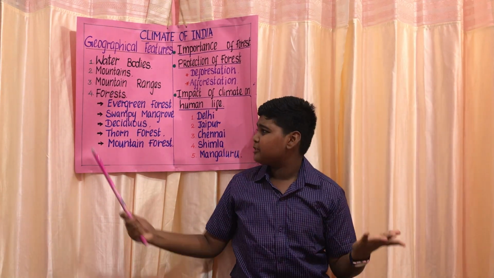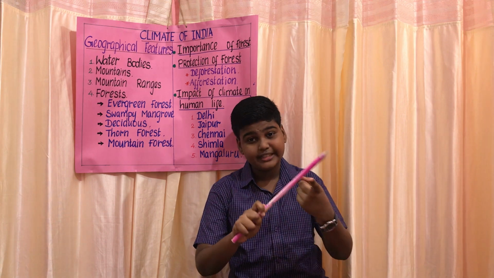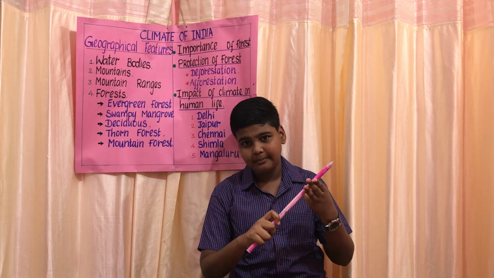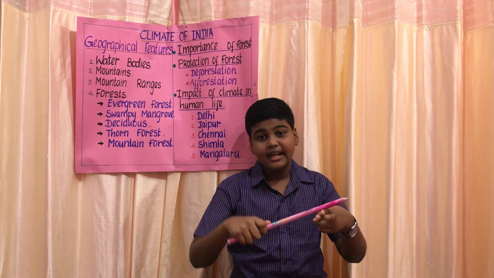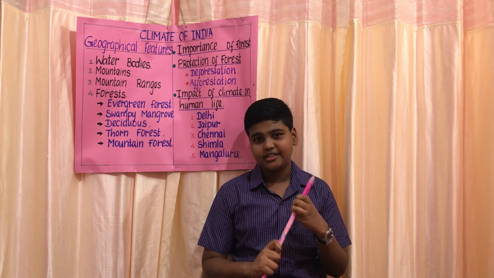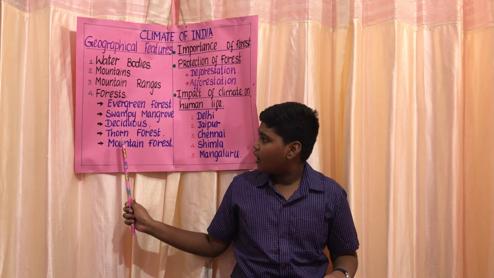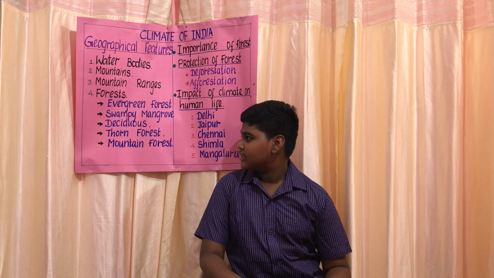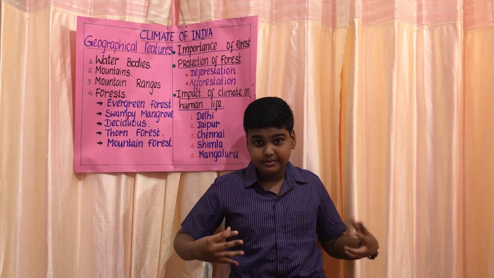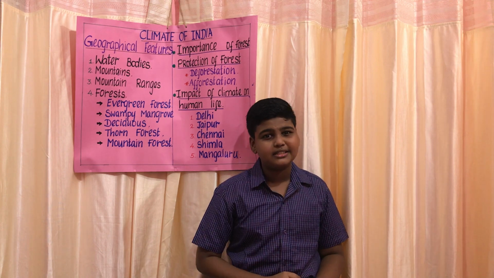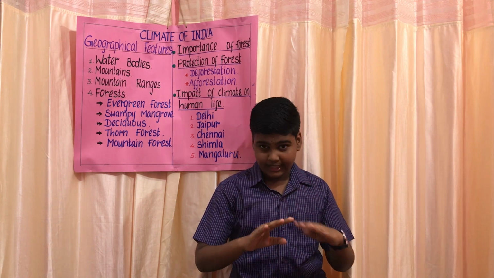Some of the types of trees found in the deciduous forest include teak, sal, shisham and sandalwood. And some of the animals found here include sloth bear, the Indian elephant and the giant grizzly squirrel. The thorn forest. It's also a forest, but they have small trees and shrubs which have thorns and spines, and few leaves or no leaves.